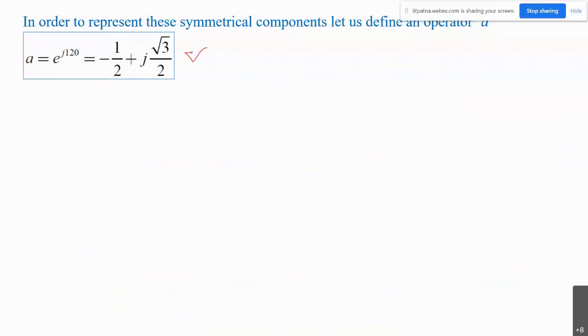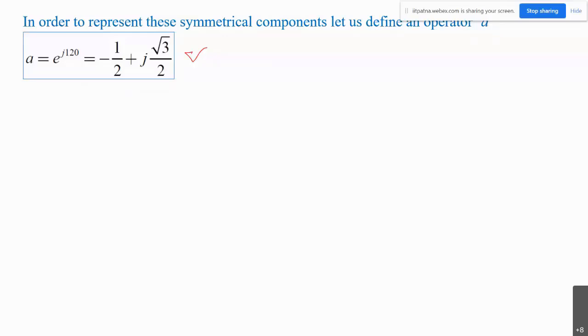Each of the phase voltages can be represented as the sum of the symmetrical components: VA equals VA0 plus VA1 plus VA2. Similarly, VB equals VB0 plus VB1 plus VB2, and VC equals VC0 plus VC1 plus VC2. These are in fact the balanced components.